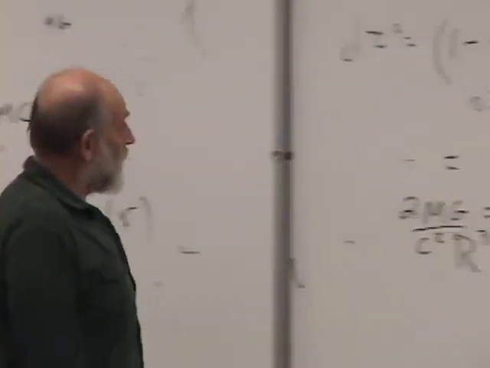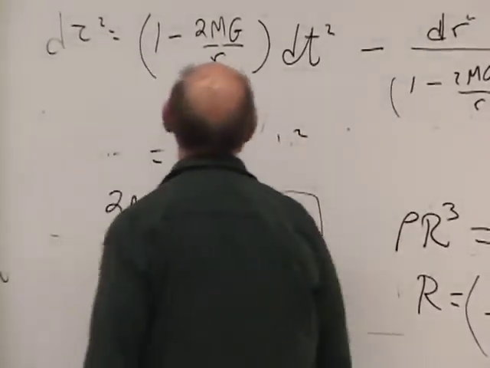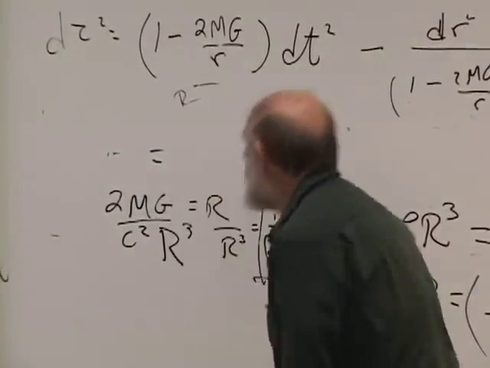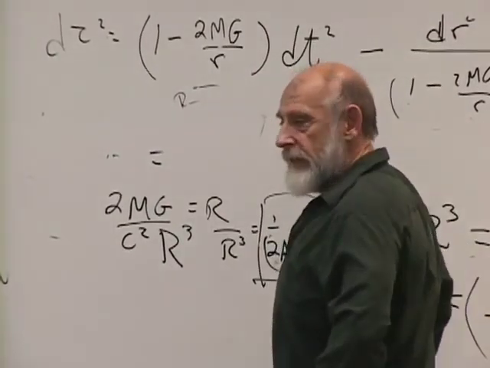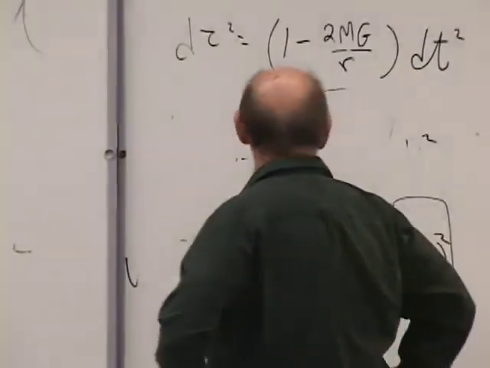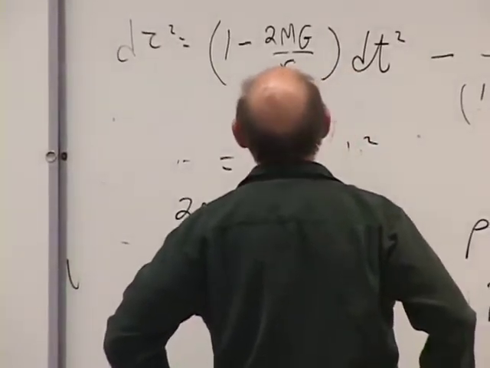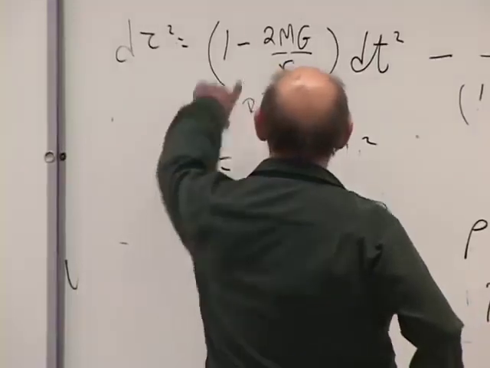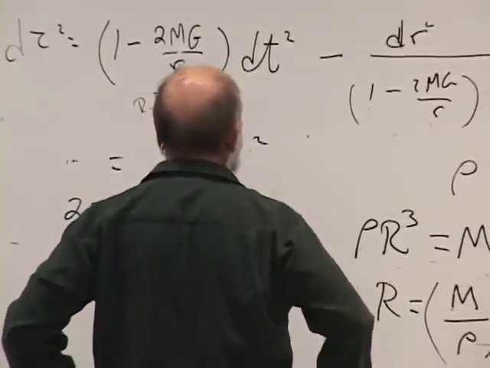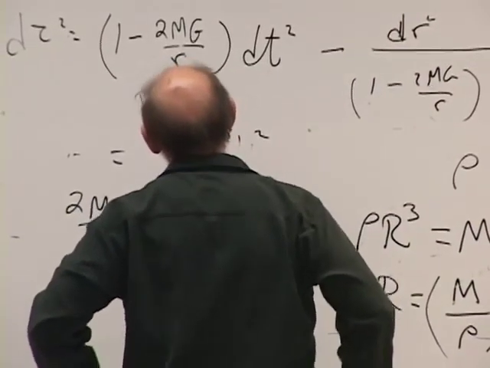And the other question is, where do we want to continue this to? We want R to be negative. So what happens if you try to continue this to R negative? This becomes positive. This becomes negative.